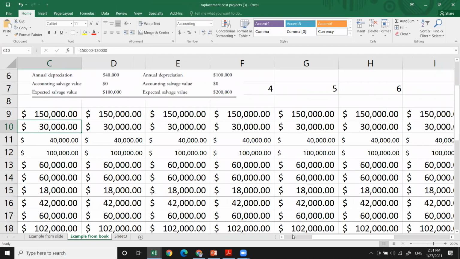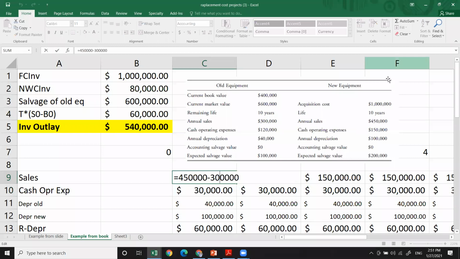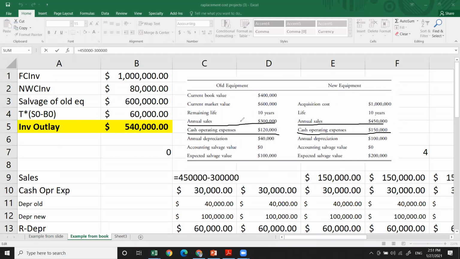We just take the difference between the new equipment and old equipment sales, right? Very true. It makes sense. And 30,000, it's fixed cash operating expense, right? Yes, the difference between this and this. New minus old. Okay. Great. Thank you. You're welcome.